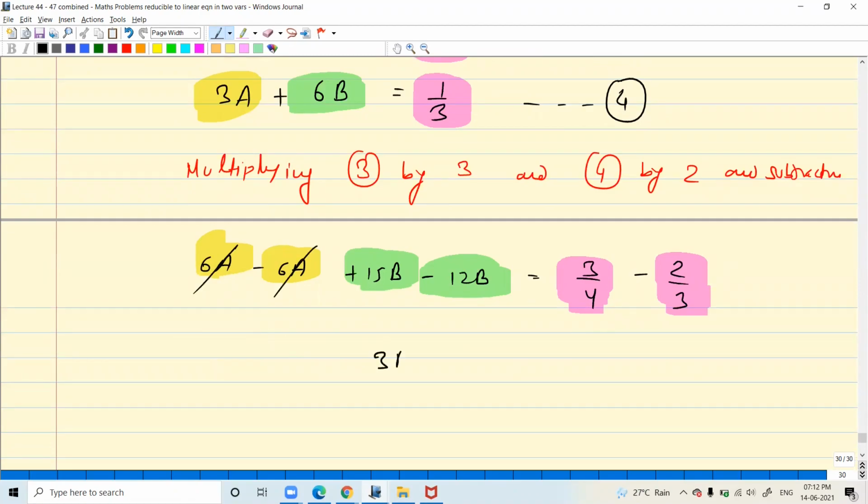This is 3b is equal to, how much is this? Tell me. One by 12, sir. Yes. So basically 3 into 3 becomes 9. 4 into 2 becomes 8.